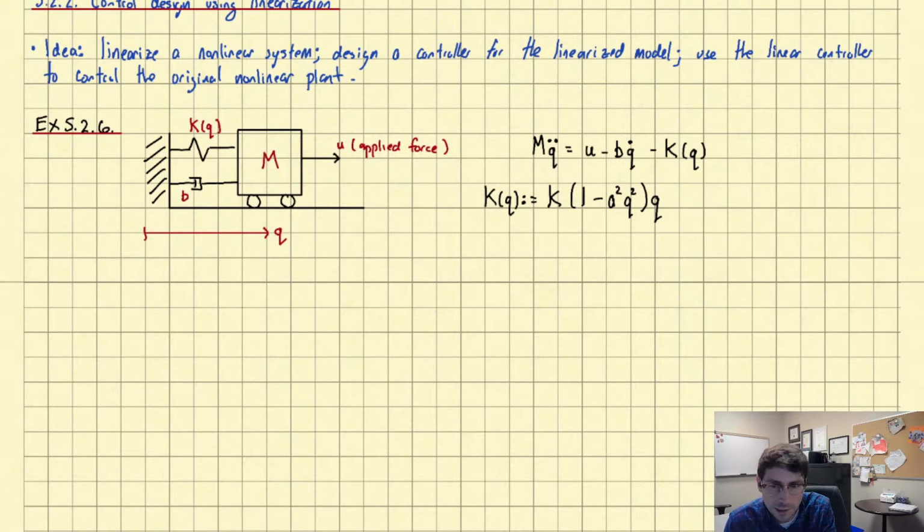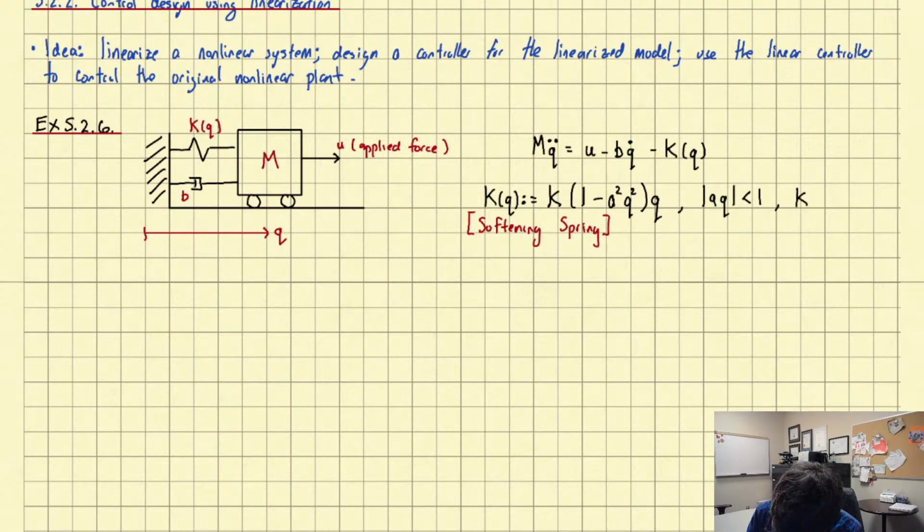So at first it's kind of like a linear spring, but eventually if you pull it too far, it stops behaving like a linear spring. You can think of it as the coils getting stretched out. Okay, so this is a softening spring. It softens as you stretch it, and the model is valid as long as aq is less than 1. And k is just a constant.